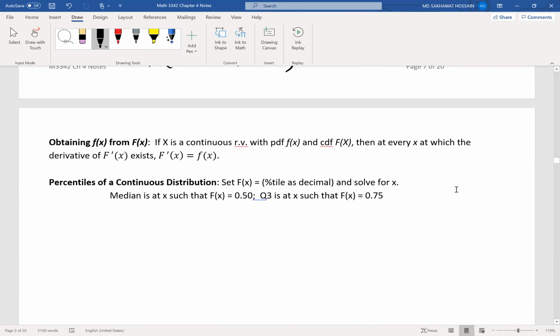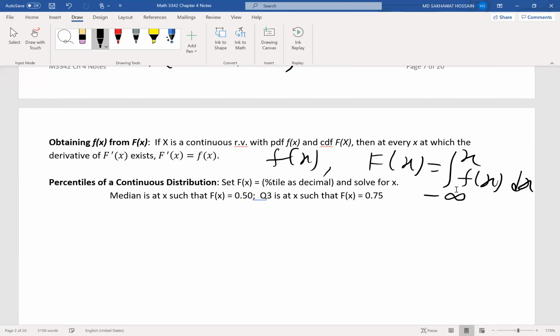Okay, so now if you are given the density function or PDF, you can calculate the CDF. For example, if you have the density function f(x), then the CDF F(x) is actually the integral from minus infinity to x of f(t) dt, because F(x) is equal to the probability of X ≤ x.